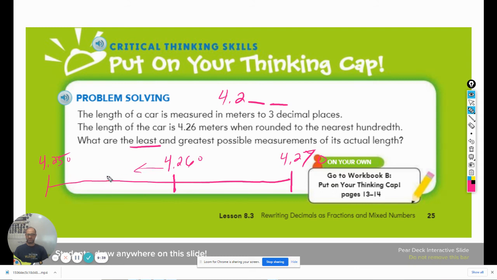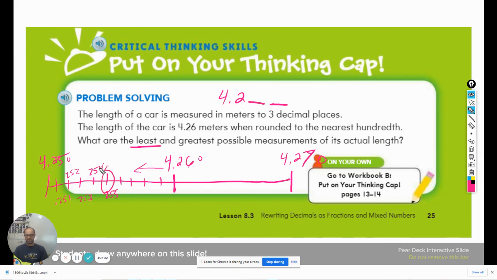Well, I've got 1, 2, 3, 4, 5, 6, 7, 8, 9, 10. So 250, 251, 252, 253, 254, 255, and so on. How far this way can I go before I round to 4 and 26 hundredths?